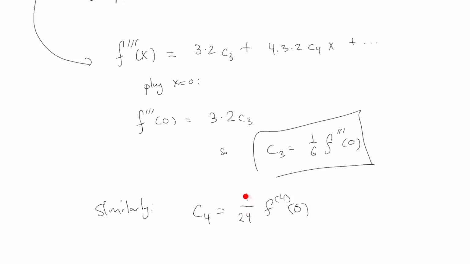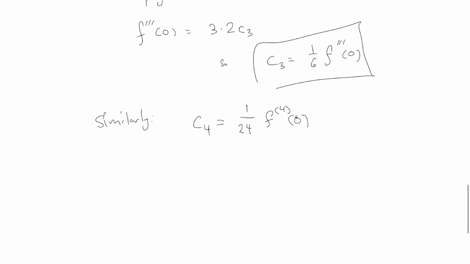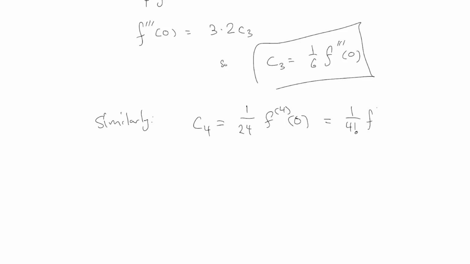Actually, there's a cuter way to write this. If you know this 24 comes from 4 times 3 times 2, anyone know a cuter way to write that? Yeah? Is it 4 factorial? Yeah, this is a factorial, which is super important when doing Taylor series. So this I would typically write as c4 is 1 over 4 factorial.